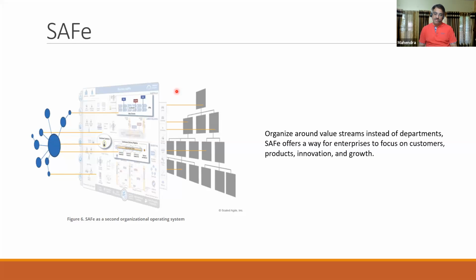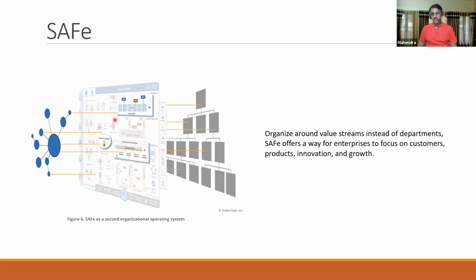In the Scaled Agile Framework, we are organized around the value streams instead of departments. And SAFe offers a way for enterprises to focus on the customers, products, innovation, growth, employees, and things like that. So this is where SAFe is coming into the picture.